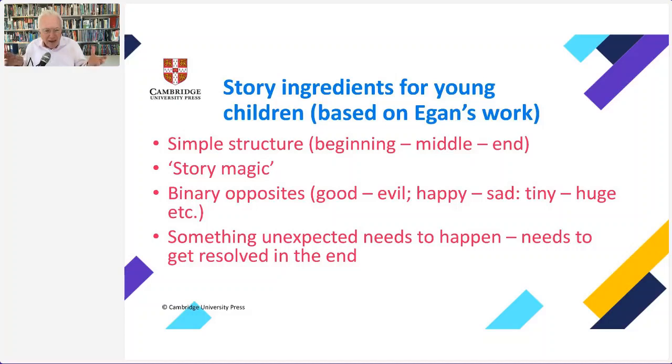Story magic is the second aspect here. A story for children needs to have something magic in it, whether it's animals that can speak, or like the protagonists in the first two levels of Quick Minds, where one of them, Flash, is the world's fastest runner, another one is so strong she can pick up cars, another one can talk to animals, Whisper, and another one can make herself invisible.